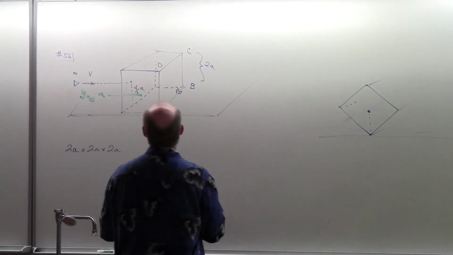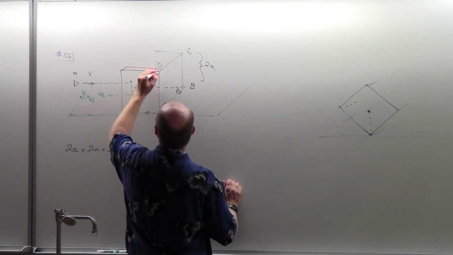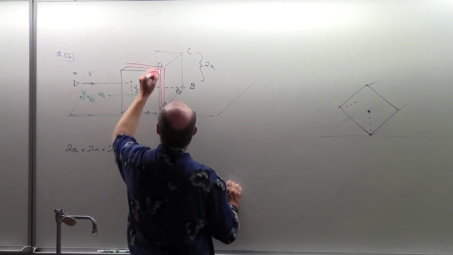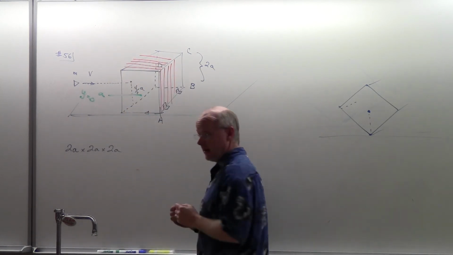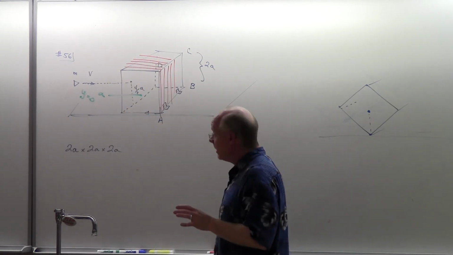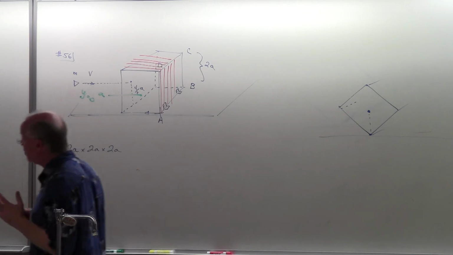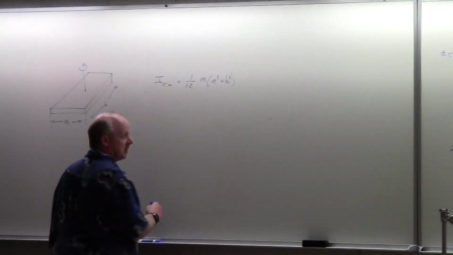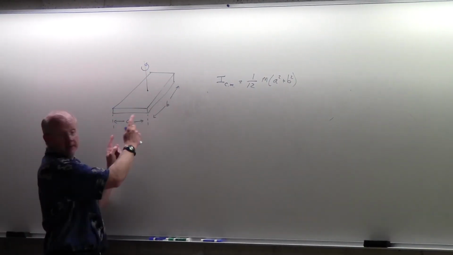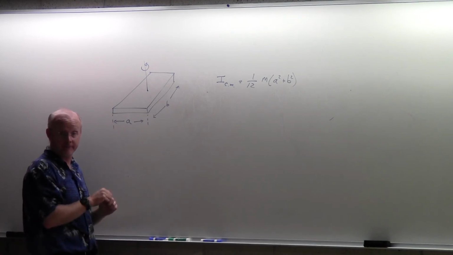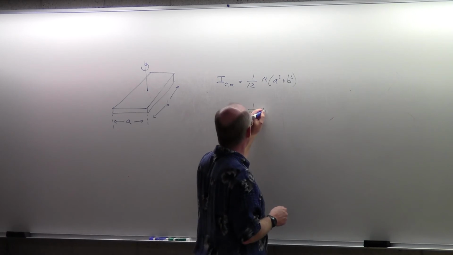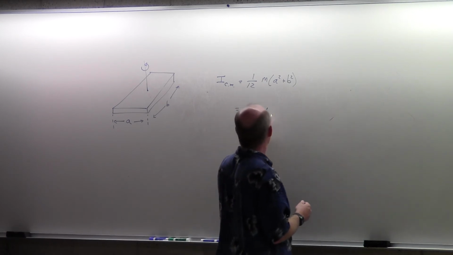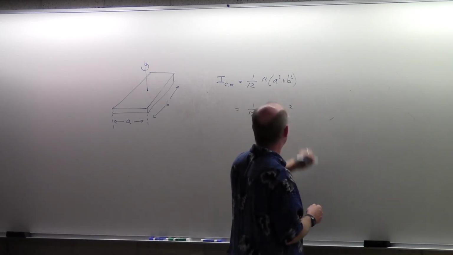And so in here, I could say this is a plate, and another plate, and another plate, and another plate, and we can add a bunch of plates together. Well, what makes it a little easier here is a plate that is part of a square means that A and B are the same. Fair enough? So I don't need to have both an A and a B. I can write this as 2A squared. Fair enough?